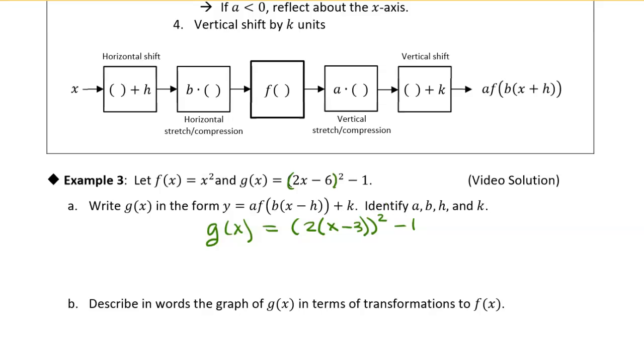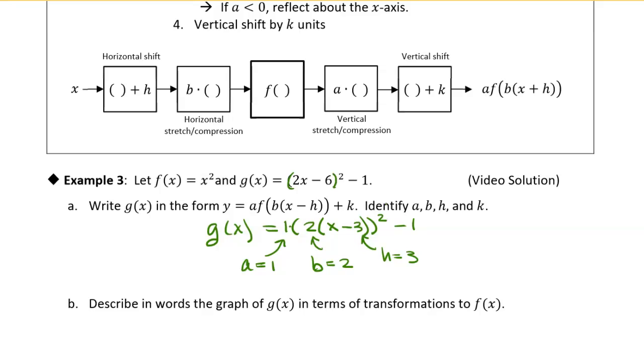Now, because our general form has this a, I could also write 1 times all of that. So this is a, and a is equal to 1. This is our b value, b is equal to 2. This is our h value, h is equal to a positive 3, because in the general form it's x minus h.